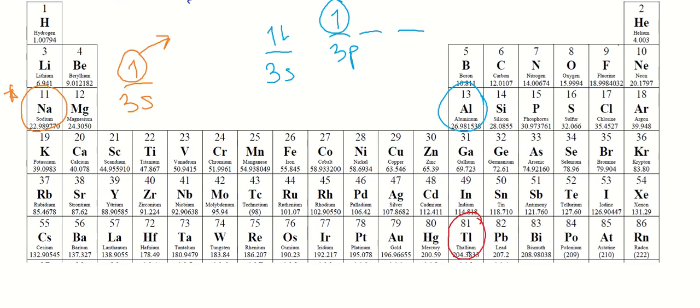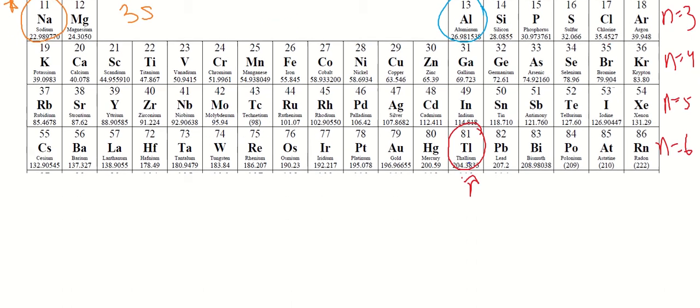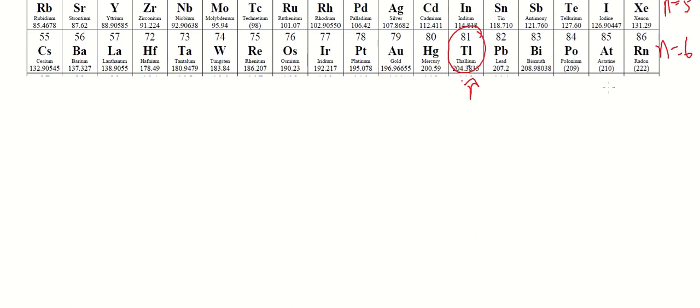Look at this. n equals 1, n equals 2, n equals 3, n equals 4, n equals 5, n equals 6. That valence electron right there is in the 6p orbital. It's so far away from the center of attraction. Even though it has 81 protons, it's also got 81 electrons, and a lot of them are shielding it, the ones on the outside.